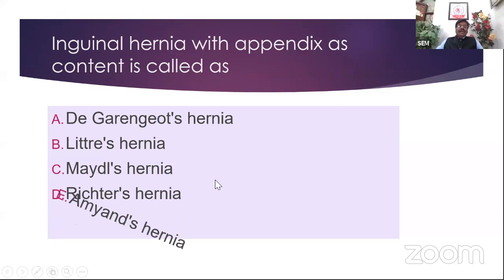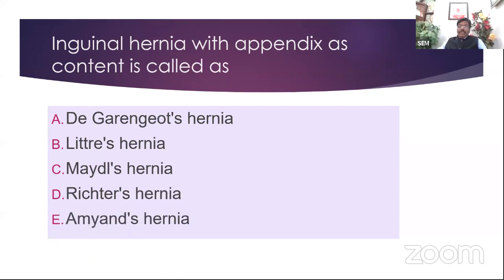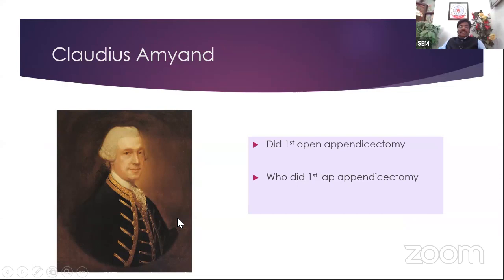Amyand's hernia. Okay, Amyand's hernia is the thing because Claudius Amyand is actually the person who also did the first open appendicectomy. And also Amyand's hernia is the hernia with appendix in it.